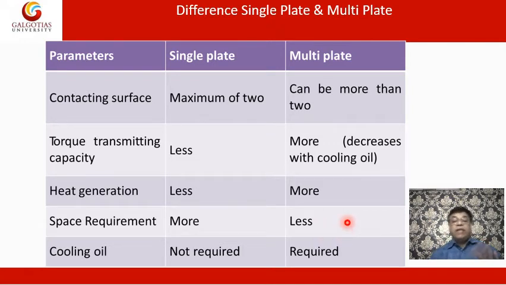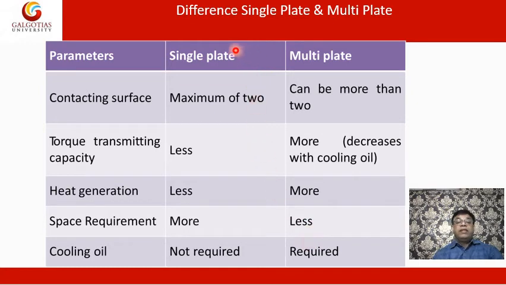So for the same torque transmitting capacity, the multi-plate clutch can be used rather than the single plate clutch if there is a restriction of the space.